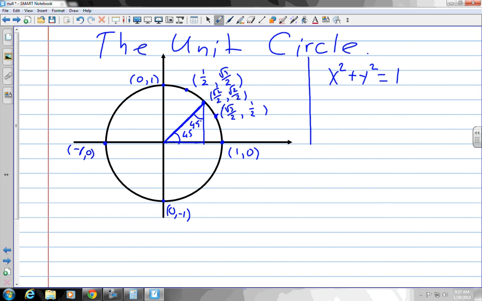If I take 1/2 and root 3 over 2, and I plug in 1/2 squared plus square root of 3 over 2 squared, I'll end up with 1/4 plus 3 over 4. So it does equal 4 over 4 equals 1, so it satisfies that equation.